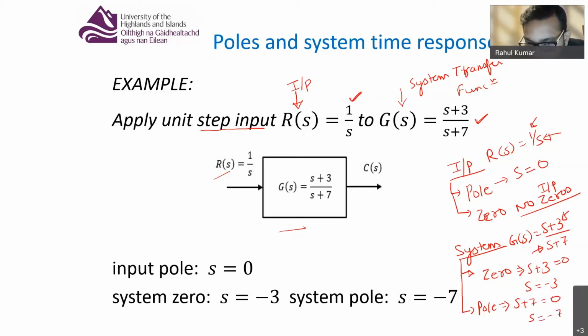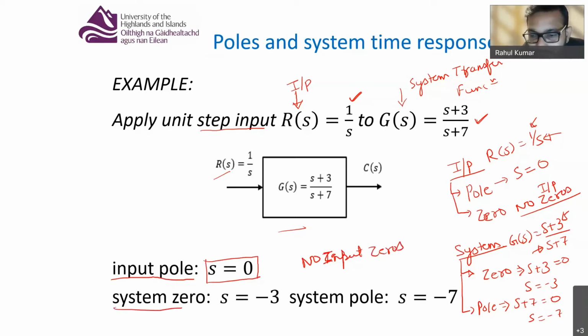So what I've done is I've written the input pole. I will have only one input pole, at S equals 0, and there will be no input zeros.